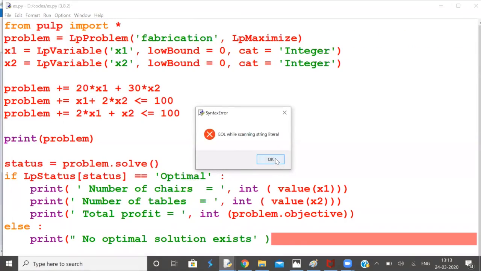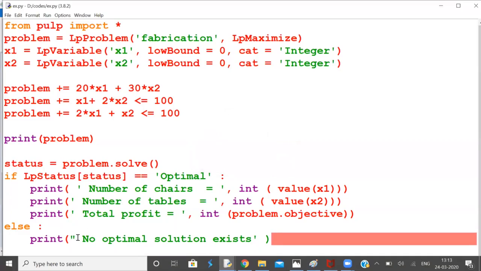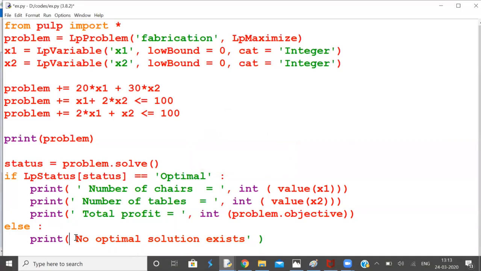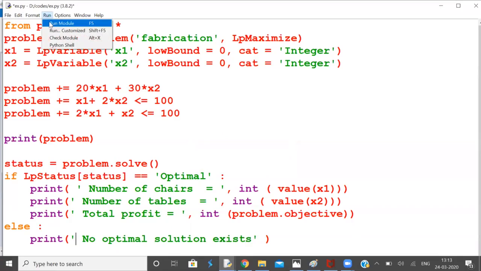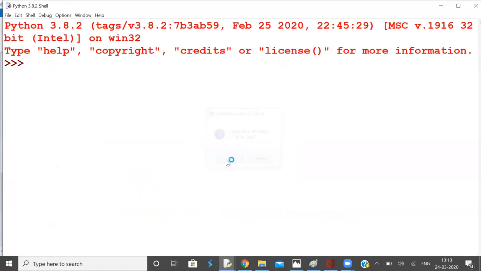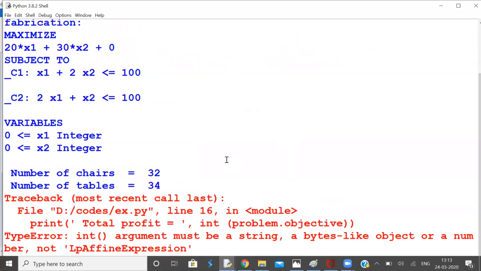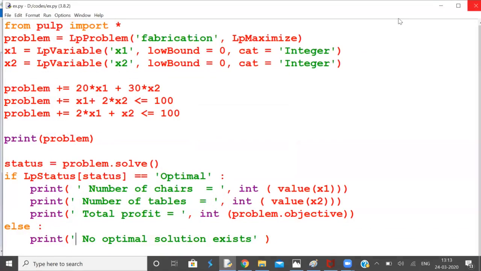On one side we have a single quote, on the other side we have a double quote. So let us have the same type of quotation on both ends. Let us run this. So what happened? Oh, I cannot apply this.